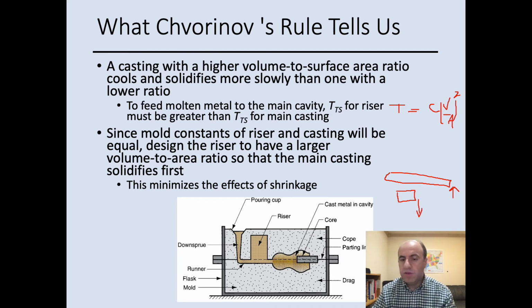So the volume is going to be the same, but that one has a larger surface area. That means that the time required for this part to solidify is going to be less, so it cools faster. But for this one, it cools slower, because the time goes up, the time for the cooling process, right?